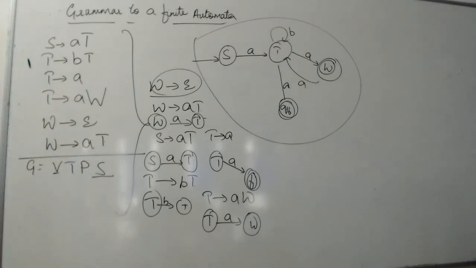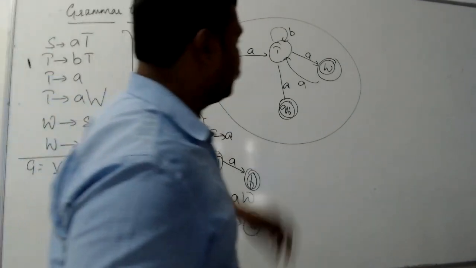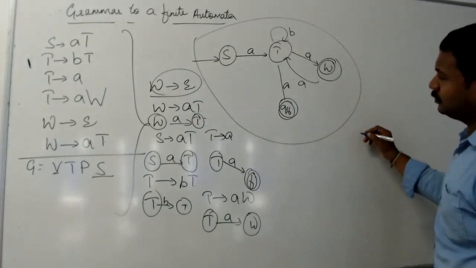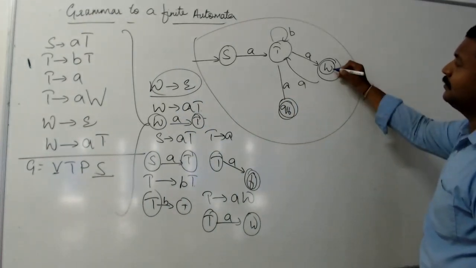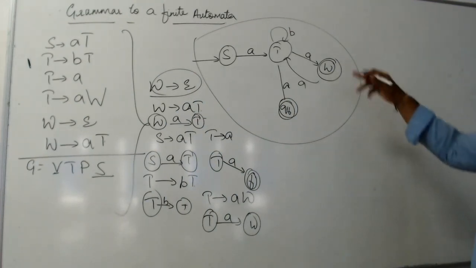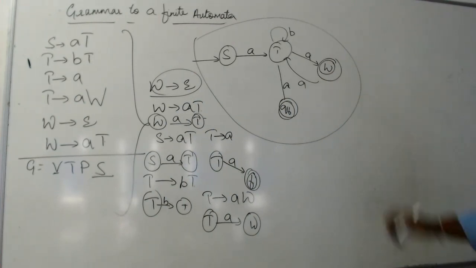So using the procedures you can easily identify the finite automata for any grammar. Again, the same thing: if they ask you to convert it into a regular expression, what should you do? Try to reduce the states first. Eliminate the state, that is, W can be eliminated, now easily, right? Because a loop is there, by eliminating it, you can do it easily. Clear?